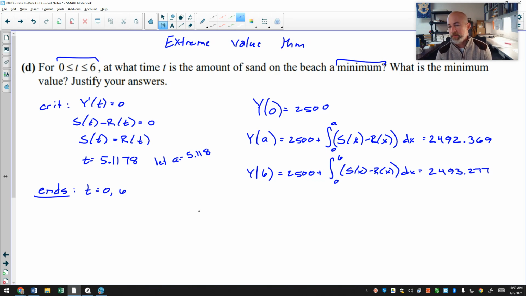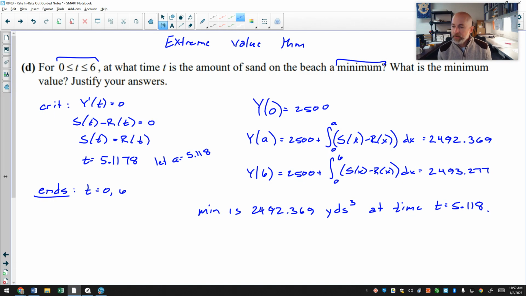The actual minimum value is 2492.369, and that will be in cubic yards. They don't ask for units, but I'll feel good putting units. And that occurs at time t equals 5.118. And there is your final answer.